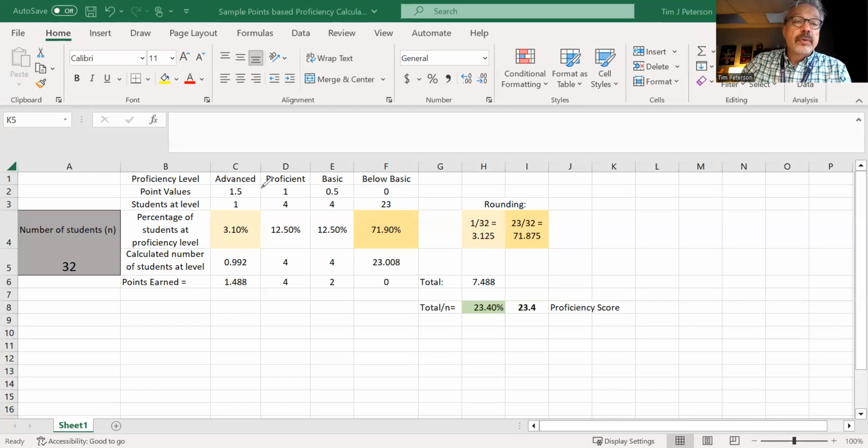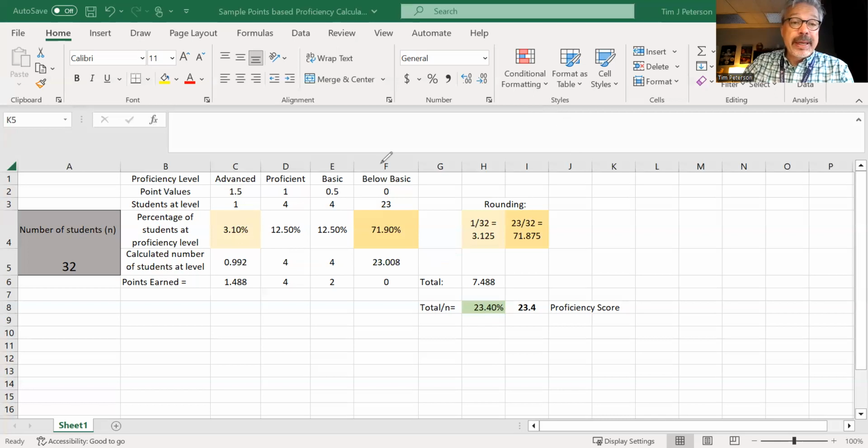To do that, we'll take the 1 student at advanced and use the 32 students, the whole entire number, and take 1 divided by 32, and you end up with 3.125. Now, according to the rules of rounding that DPI uses, that turns into 3.1% of our students at advanced.